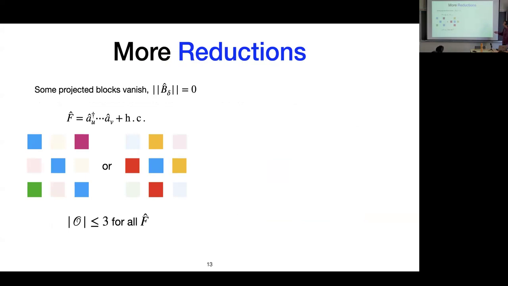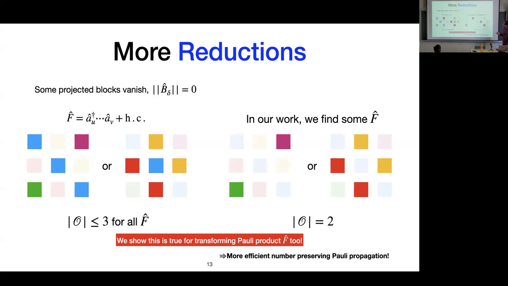In both of these cases, you only have 3 relevant eigenvalue differences, so the closed set of operators is restricted to a 3-dimensional vector space. In our paper, we show that there are two more cases in addition to what they showed, where the closure is essentially two commutators. In addition to these, which were for fermionic operators, we show that this is also true when you are transforming a single Pauli product operator.